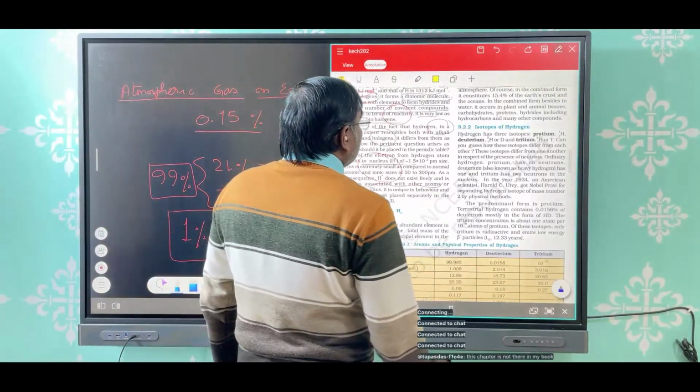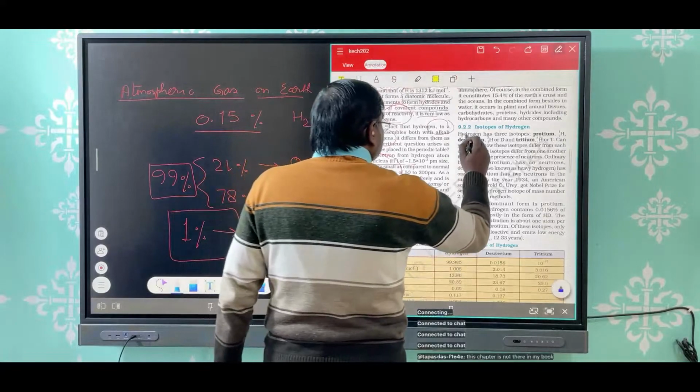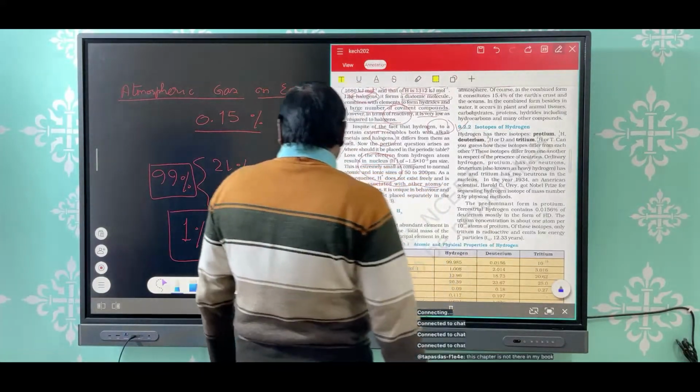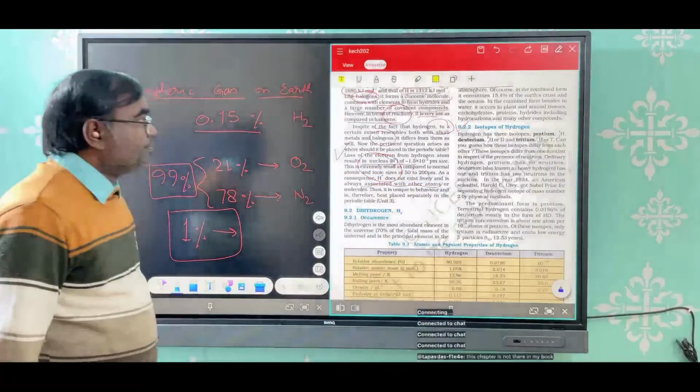So now come to the isotopes of hydrogen.